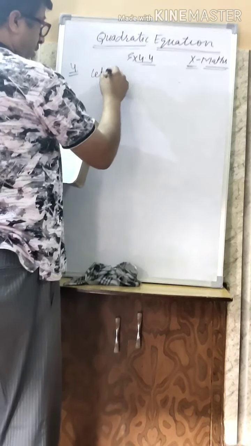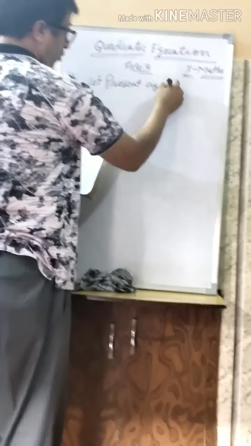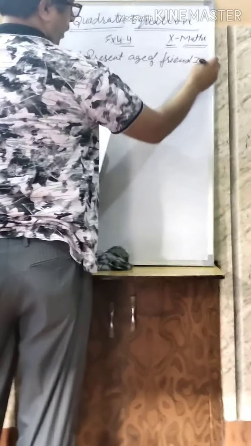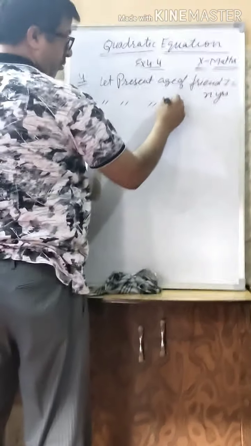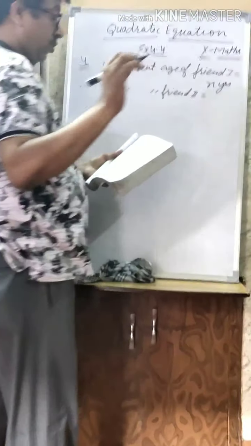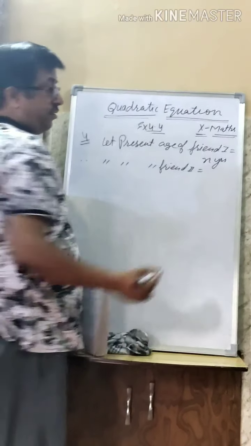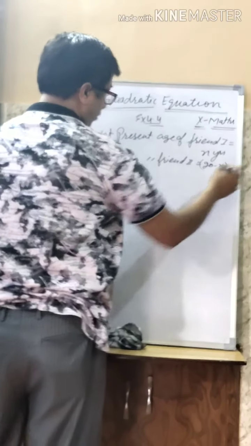Let the present age of the first friend be x years. Because the sum of the two friends' ages is 20 years, if one friend's age is x, then the second friend's age will be 20 minus x years.